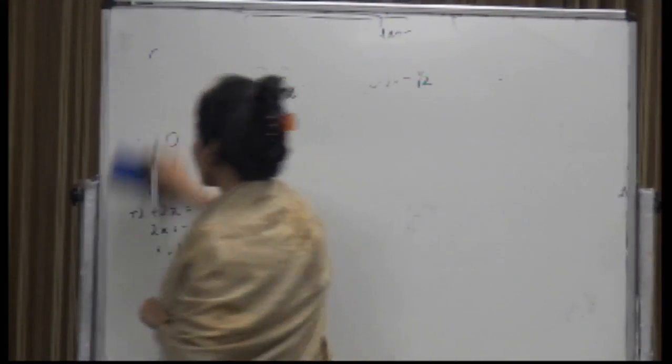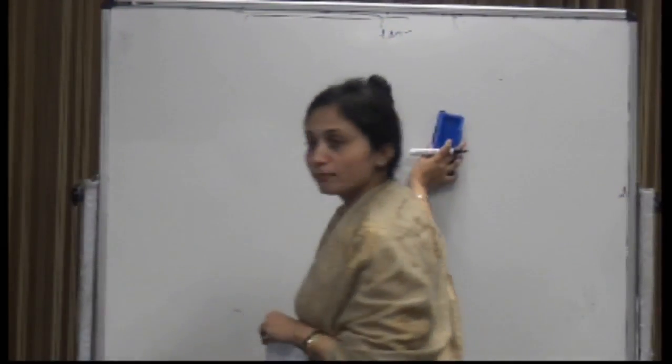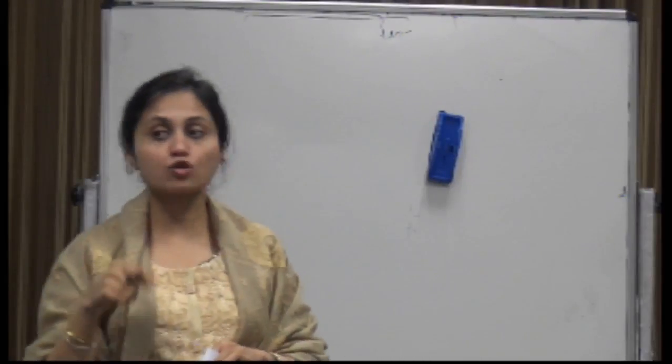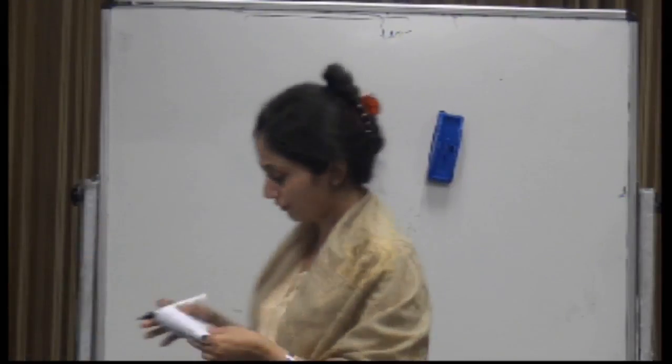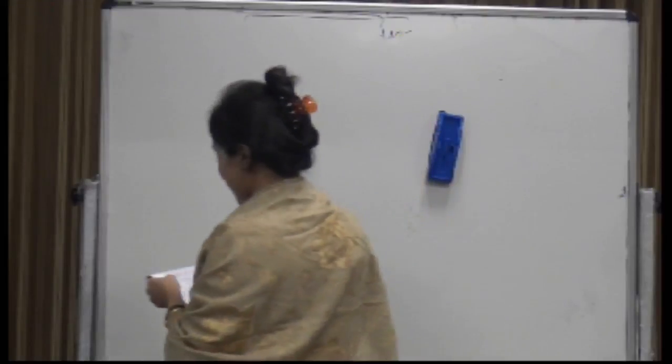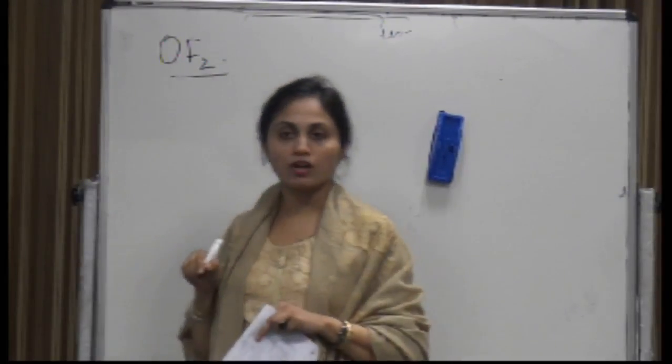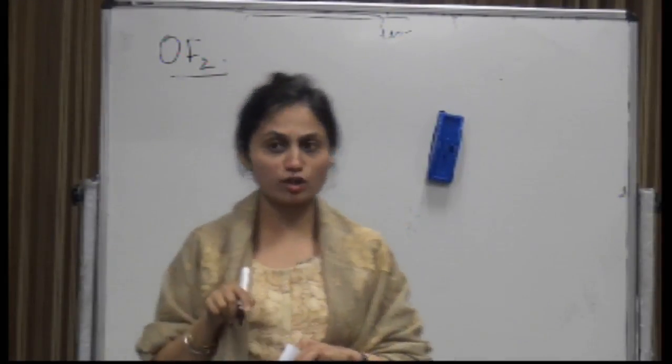So in most compounds, oxygen will have an oxidation number of −2. In peroxides, it will be −1, and in superoxides, it will be −1/2. Okay, next, in oxygen difluoride, OF2, this was a question that we had done before. Why is OF2 called a fluoride and not an oxide?